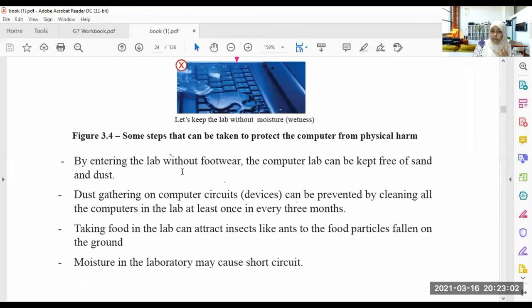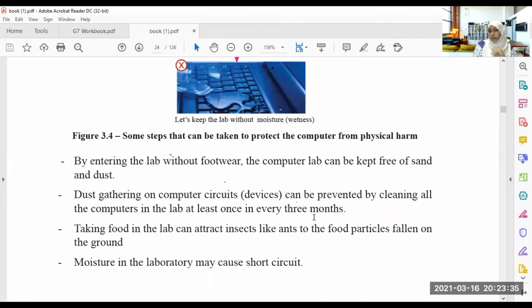By entering the lab without footwear, the computer lab can be kept free of sand and dust, as I told you. Dust gathering on computer circuits or the devices can be prevented by cleaning all the computers in the lab at least once every 3 months. At least once every 3 months you should clean all the devices and the computer laboratory.